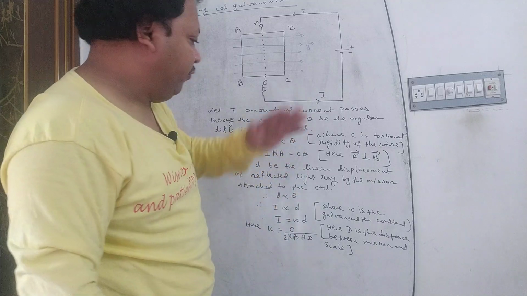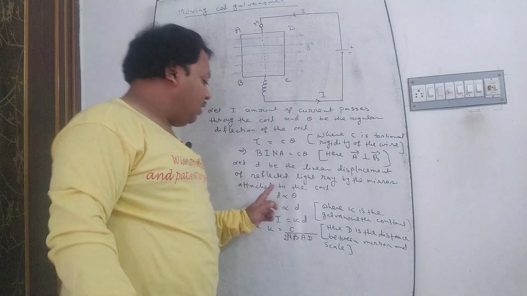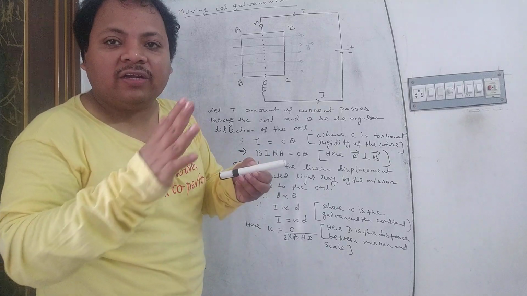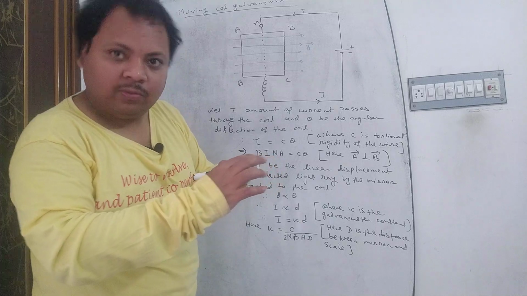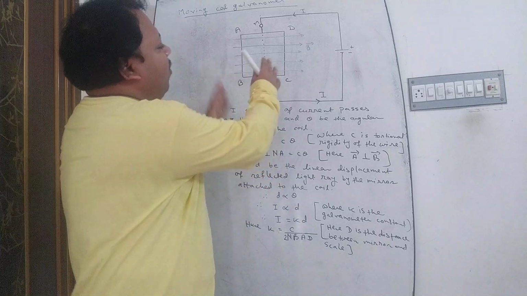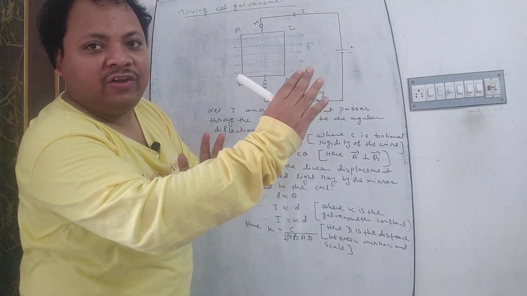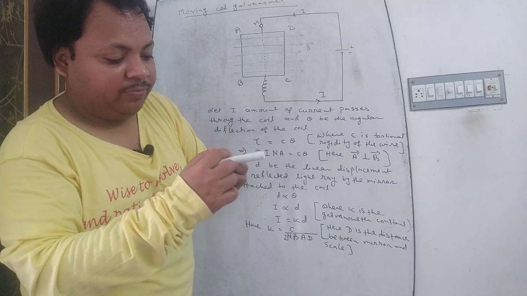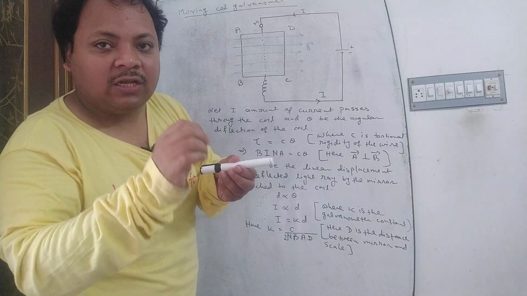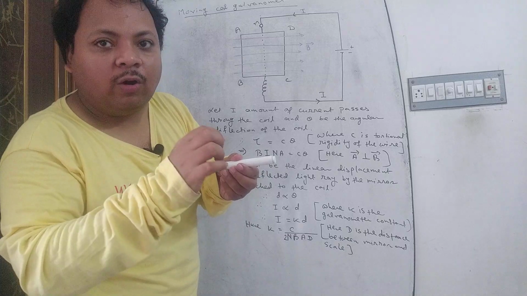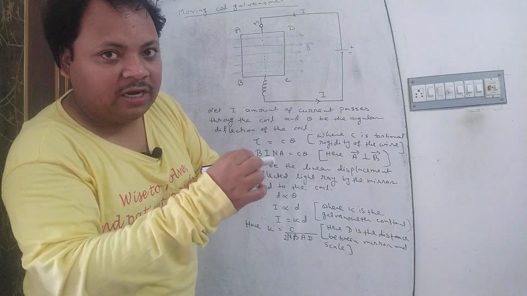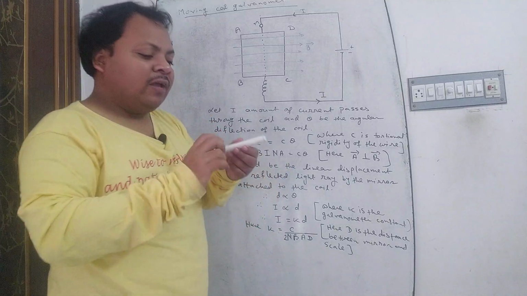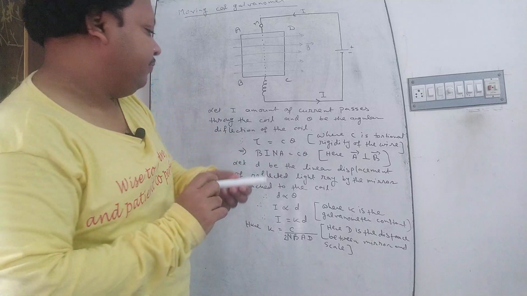by the following formula. Here small d is the angular deviation or displacement of the reflected light ray on the scale. When the coil is deviated by an angle theta, the reflected ray does not fall at the midpoint, it deviates to another point on the scale, and the deviation is small d.